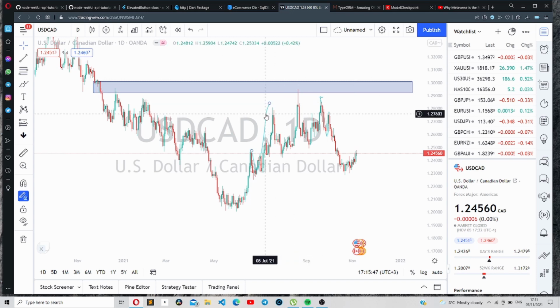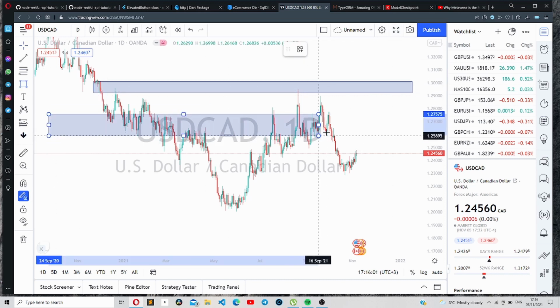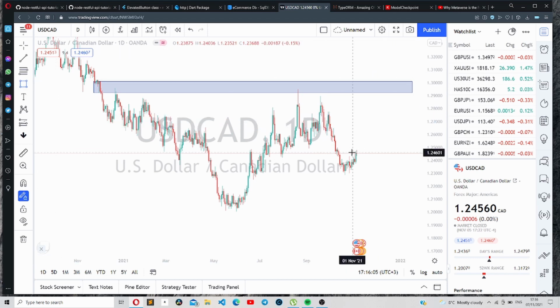As you can see, guys, if you are a supply and demand trader, we use supply and demand. That's our strategy. You can see that we have this supply zone at the top here.